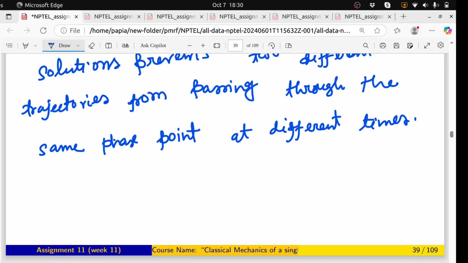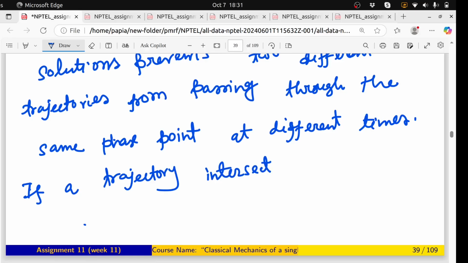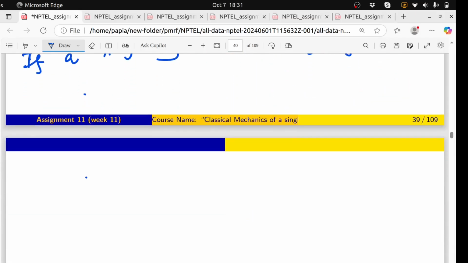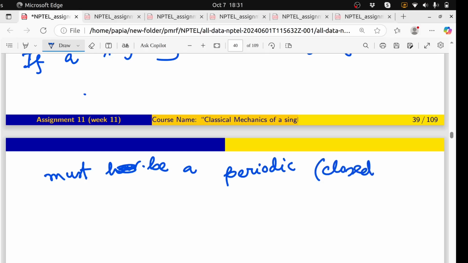This means that if a trajectory intersects itself, it must be a periodic or closed orbit.